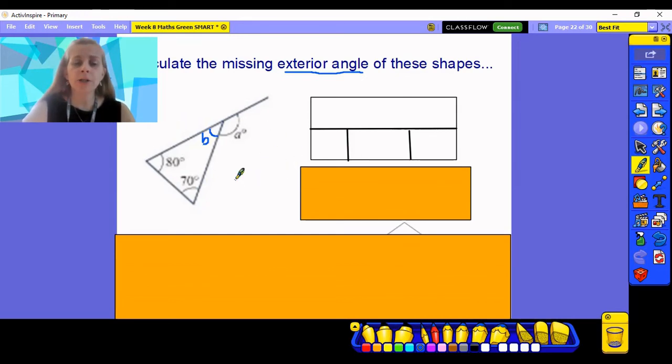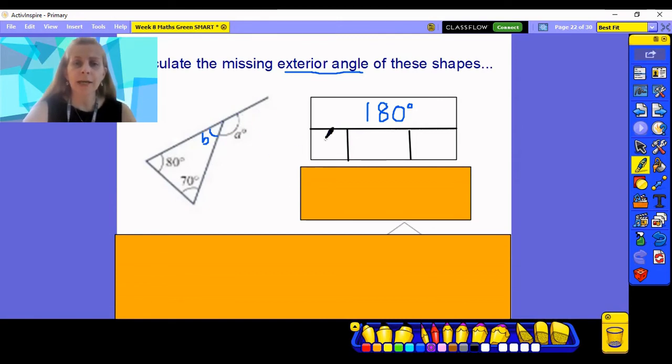We need to use our knowledge of the interior angles of a triangle. We know from our previous knowledge that 180 degrees is the total of the interior angles on every type of three-sided polygon and every type of triangle. So we can work out that missing part that we need for the second bit of our problem.